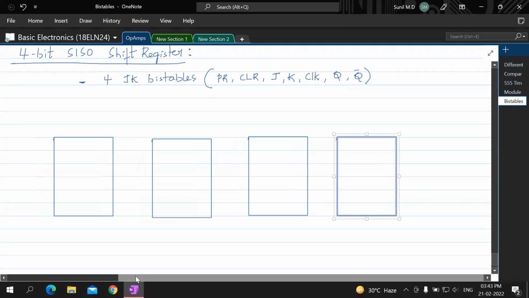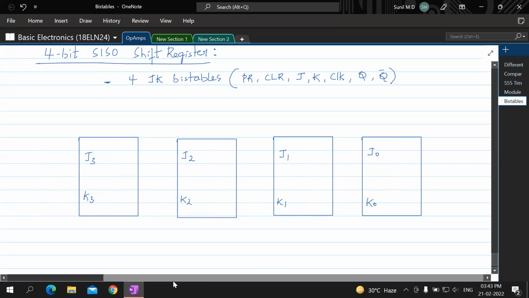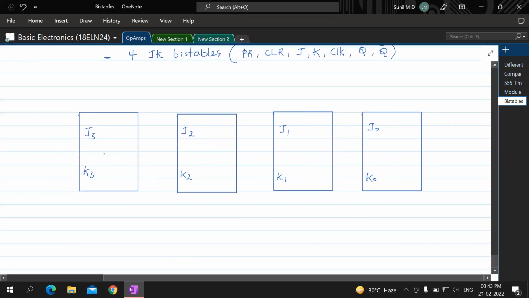Fine. Now all the JK flip-flops will have input pins and output pins. So let's say this is J3, K3, J2, K2, J1, K1, J0, K0. Like this, we have JK inputs. Along with JK inputs, we need to have a clock, and all the 4 JK flip-flops have clocks like this.